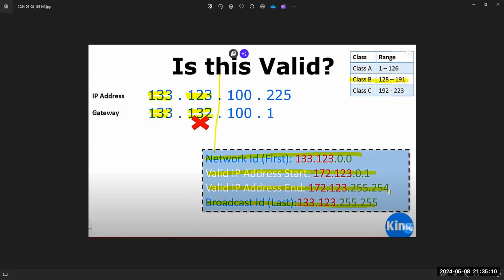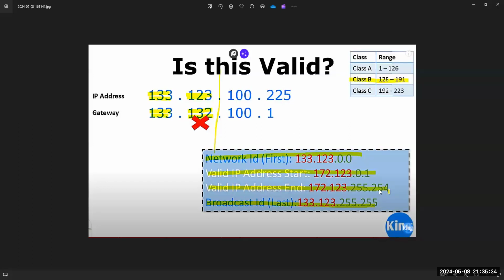Now, if I have this type of IP address, my valid IP addresses will start from 133.123.0.0, right? Then the valid IP addresses will be 0.1 till 255.254, right? Why?